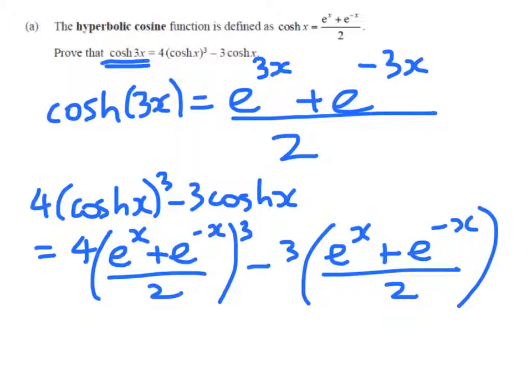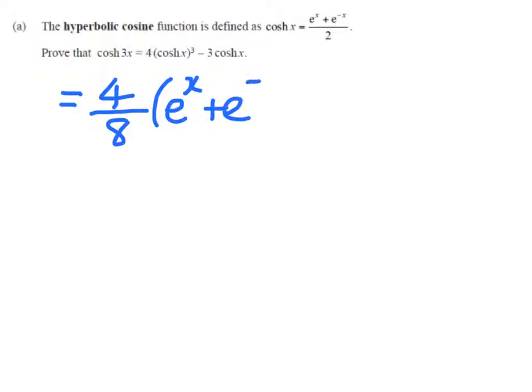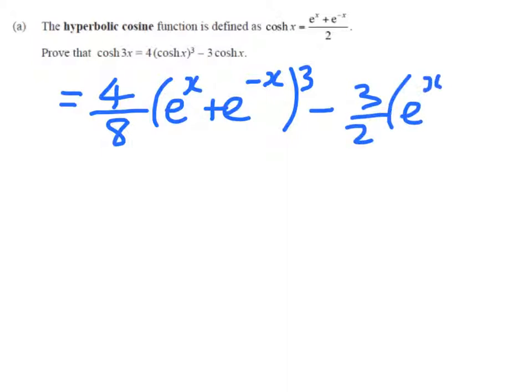Now, hopefully you're writing this down as you go. Working with that first term, we get 4 divided by 8, 2 cubed, into this, minus 3 over 2, just rewriting that one, e to the x plus e to the negative x. So it just makes it easier to bring the fractions out to the front.